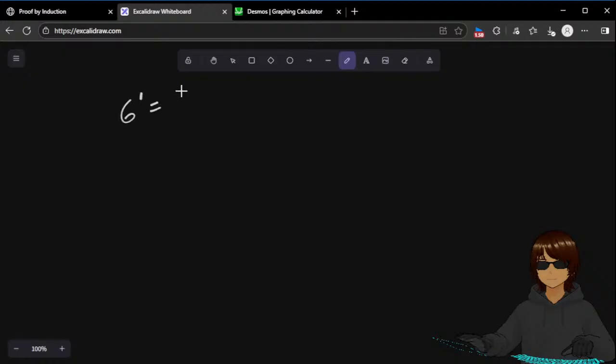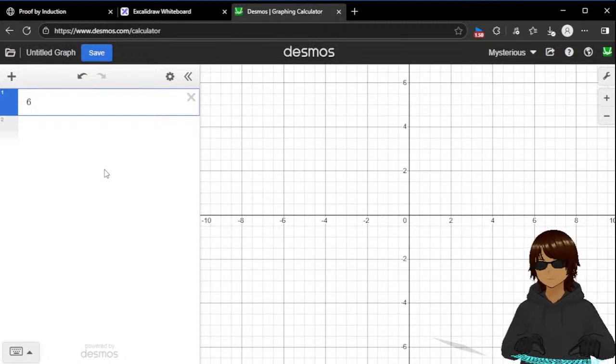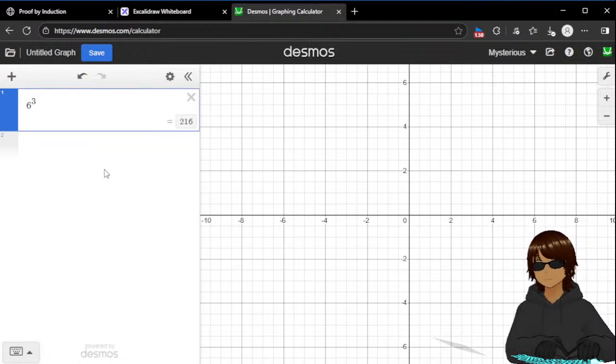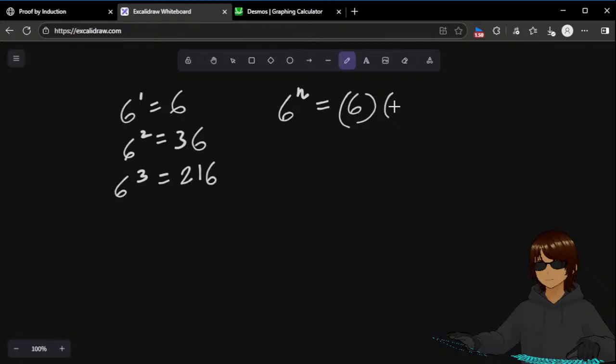So 6 to the power of 1 is 6. 6 squared is 36. 6 to the power of 3 is 216. 6 to the power of n is equal to 6 times 6 to the power of n minus 1.